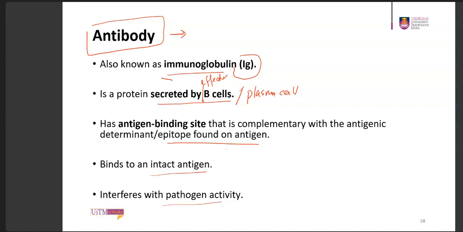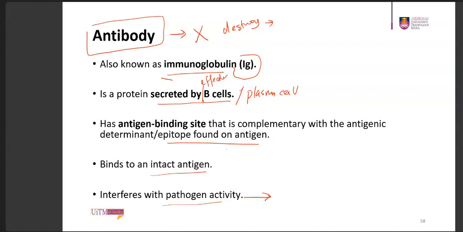You have to remember for this one, the function of the antibody is to interfere with the pathogen activity. The antibody does not destroy the pathogen directly.